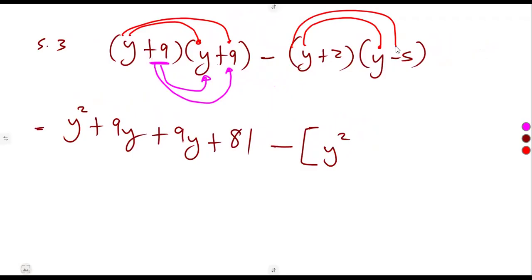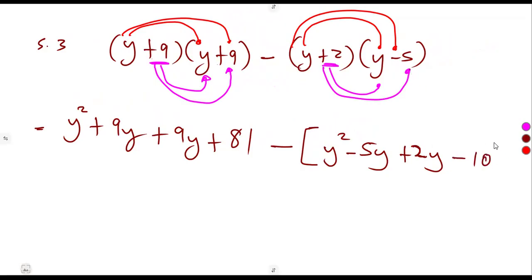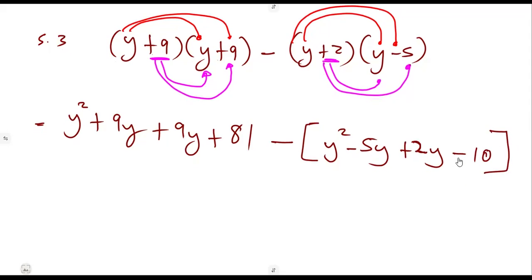Then y multiplies the minus 5, which is minus 5y. We're done. We move on to positive 2. Positive 2 times y, that's positive 2y. Positive 2 times negative 5, that's negative 10.